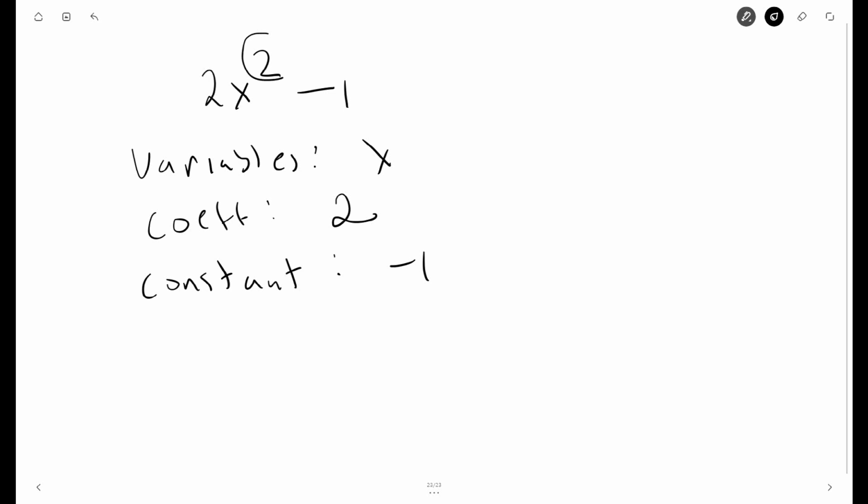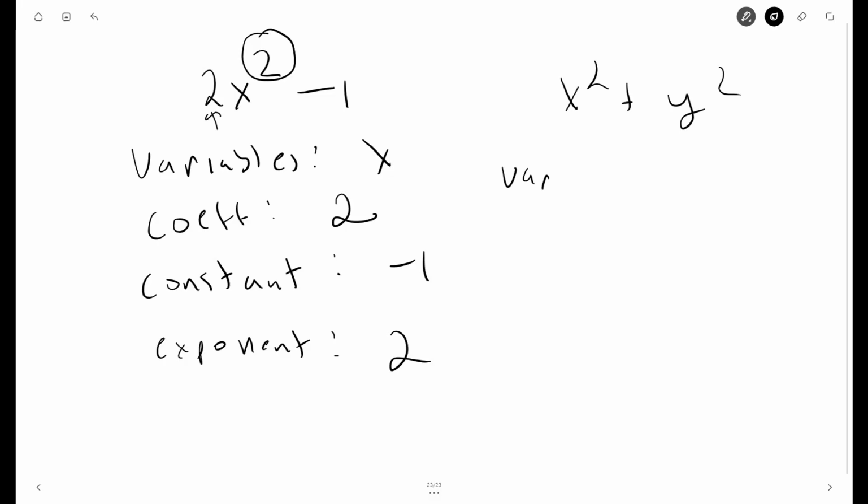Notice sometimes you only have one exponent, so the coefficient is 2 here, but the exponent for the variable x is 2. Sometimes you're going to have something like this: x squared plus y squared.